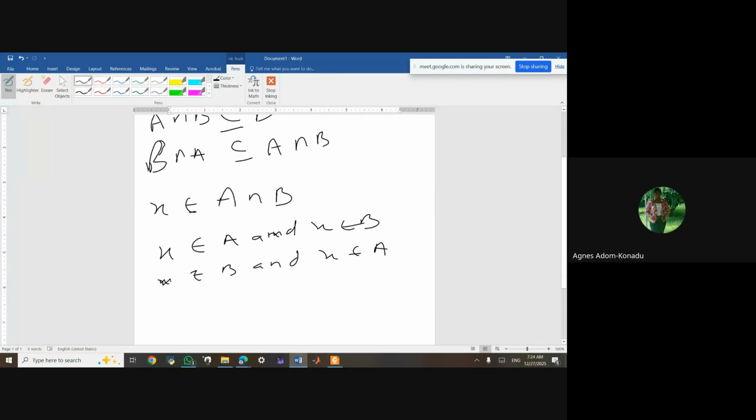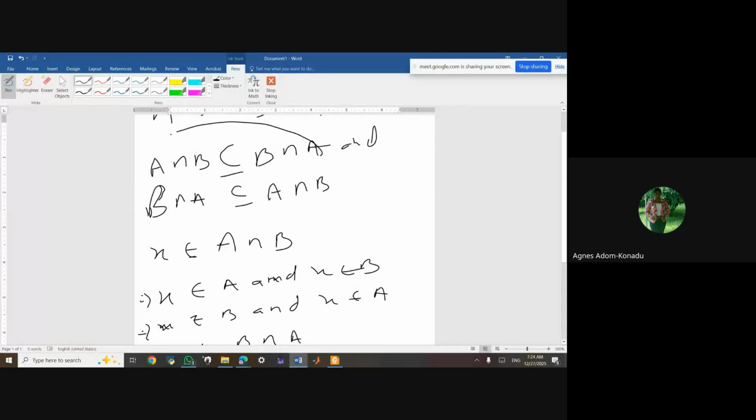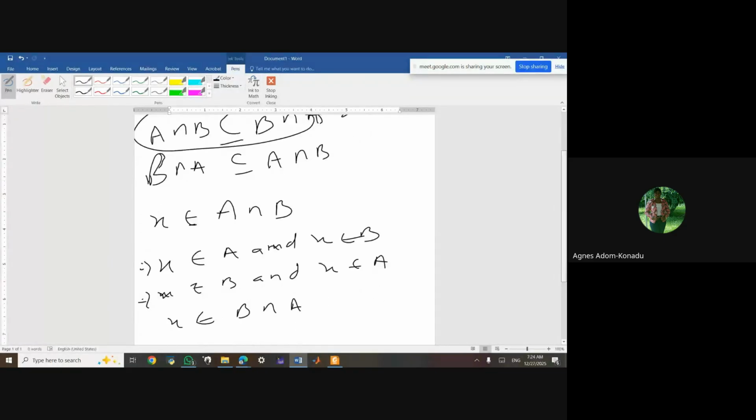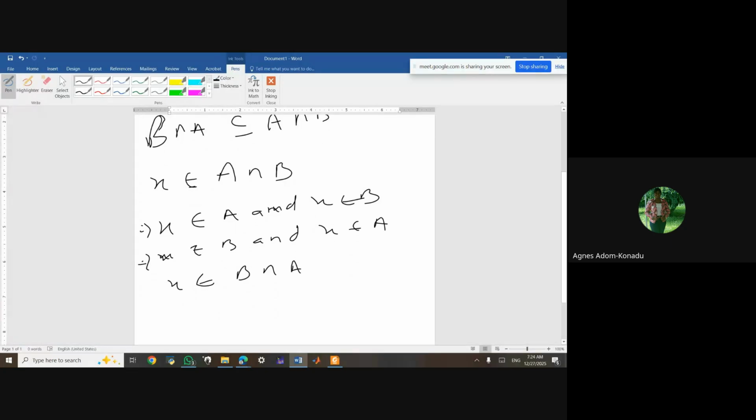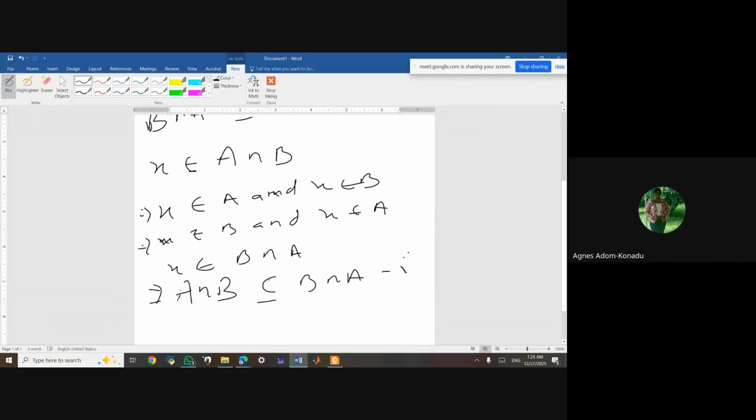So if X is in B and X is in A, then we can write this as X is in B intersection A. So we've been able to prove the first part, that if X is in A intersection B, then X is in B intersection A. So this implies that A intersection B is contained in B intersection A.